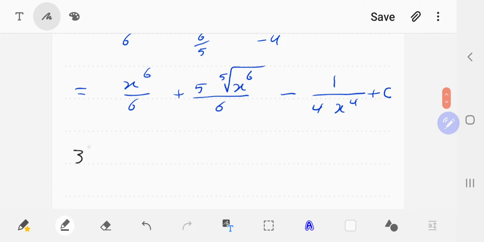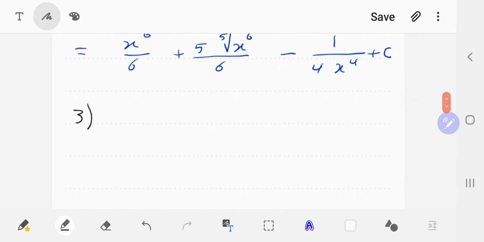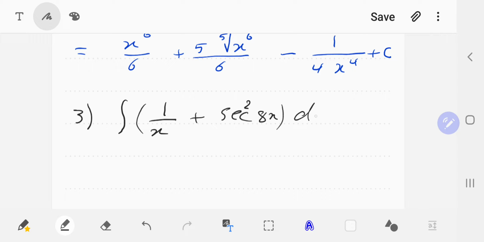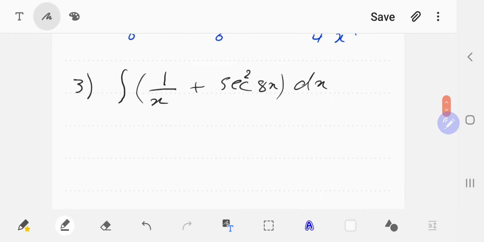Another example on this. Let's say that we have integration of 1 over x plus secant squared 8x. Now, is this ready? Well, actually it is, even though we have 1 over x. Why is it ready?